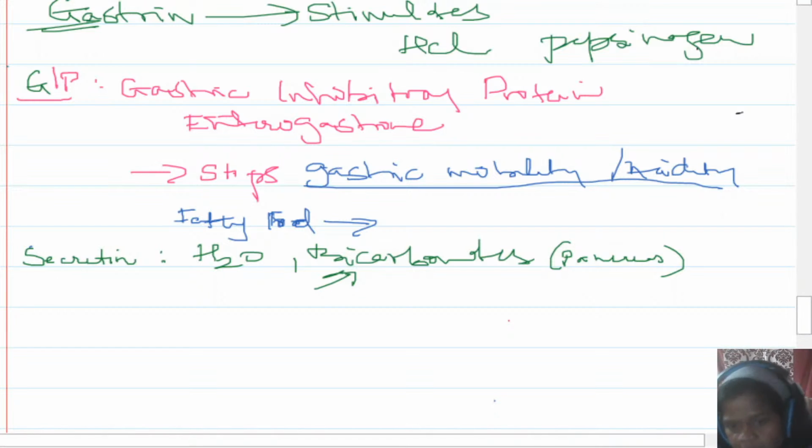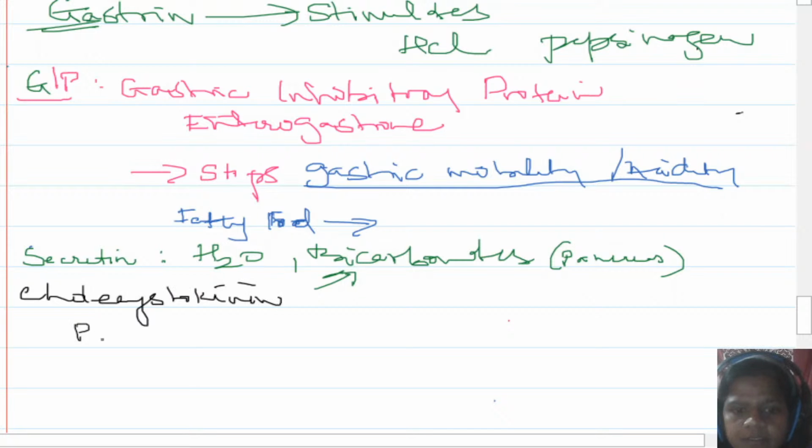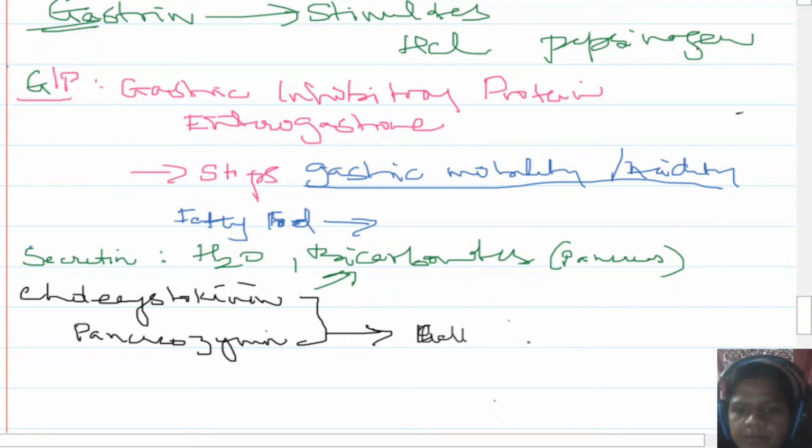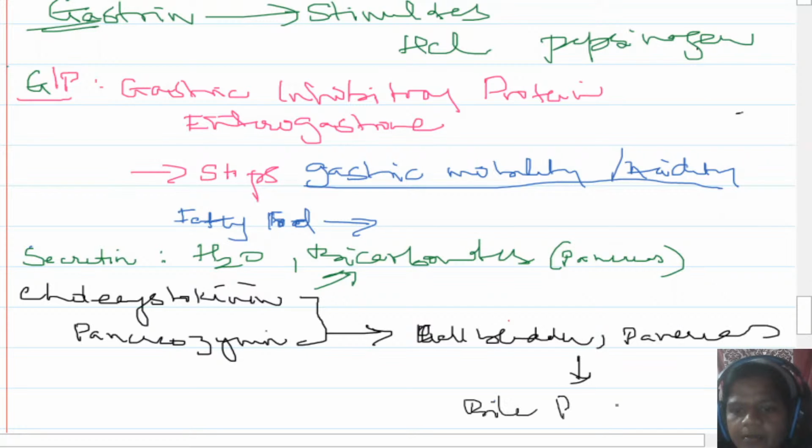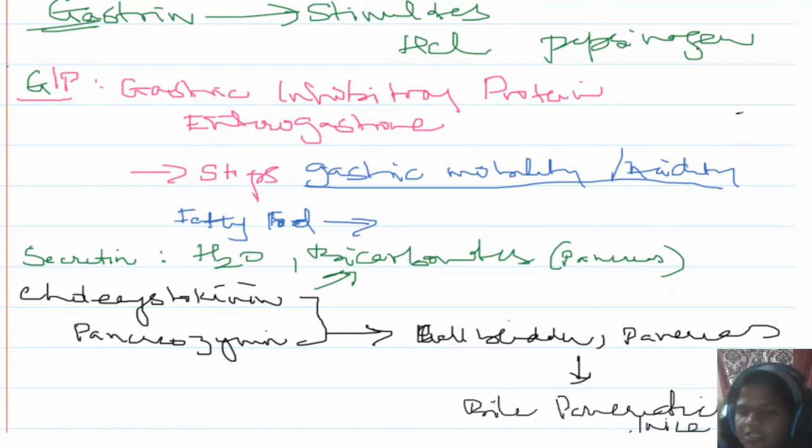The next is cholecystokinin, also called pancreozymin. Now they stimulate the gallbladder and the pancreas to release bile and pancreatic juice respectively.